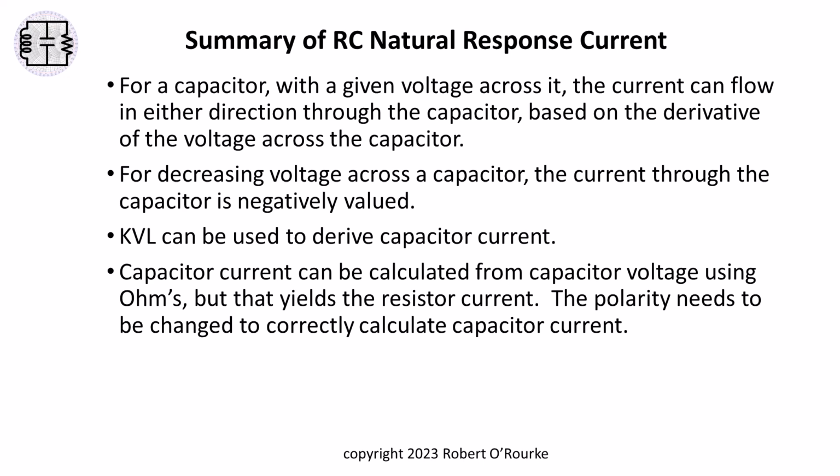Kirchhoff's voltage law, KVL, can be used to derive the current through a capacitor as a function of time. Using Ohm's law, capacitor current can be calculated from the capacitor voltage, but that yields resistor current as shown in the simulation example. Capacitor current will be the opposite polarity from the resistor current.